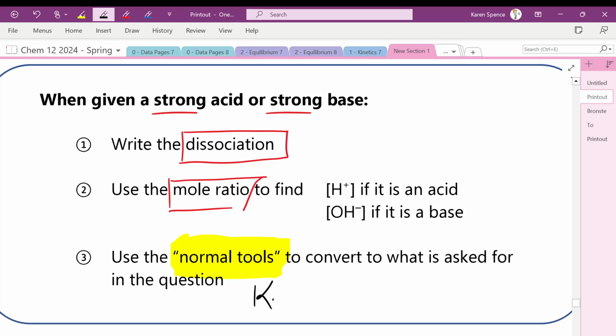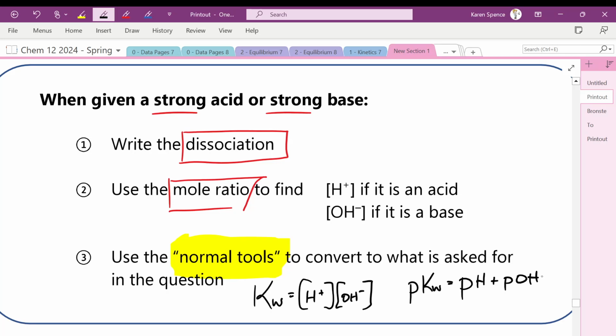Kw is equal to H times OH. What's another one? pKw is equal to pH plus pOH. Good.